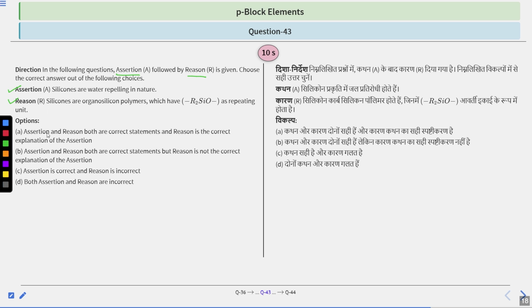Options are: assertion and reason both are correct statements and reason is the correct explanation of assertion. Assertion and reason both are correct statements, but reason is not the correct explanation of assertion. Assertion is correct and reason is incorrect. Or both assertion and reason are incorrect. So you have 10 seconds to solve this question. After that, we will see the answer.